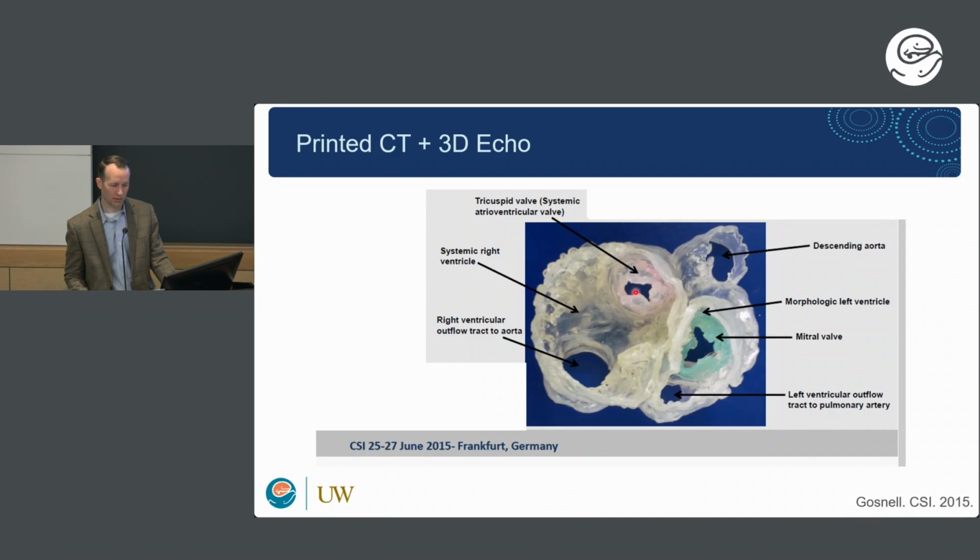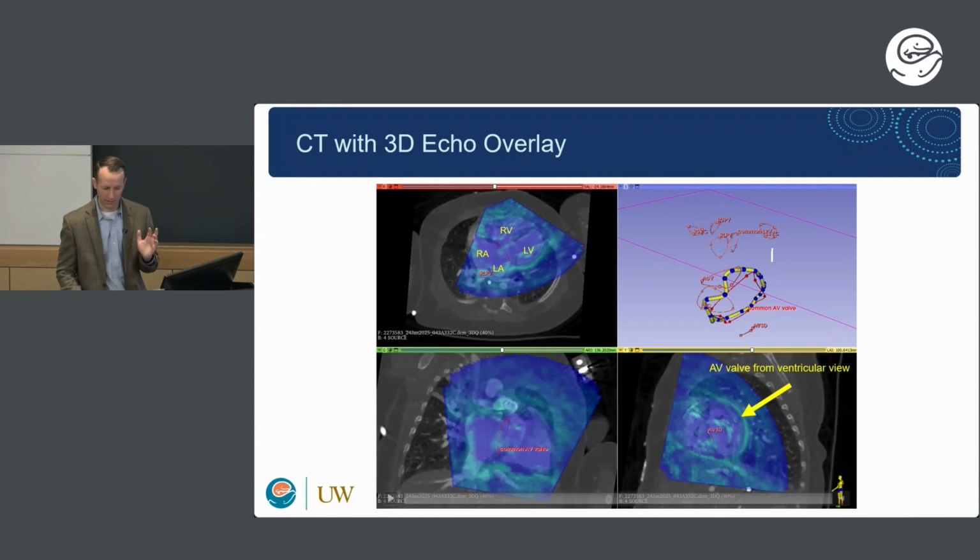This is actually a poster somebody presented where they modeled the valves based off of 3D echo and the rest of the anatomy by CT and then fused them together. The holographic looking image is actually the 3D echo, which is displayed on top of the CT. So we're aligning the annulus and actually trying to fuse these modalities together.